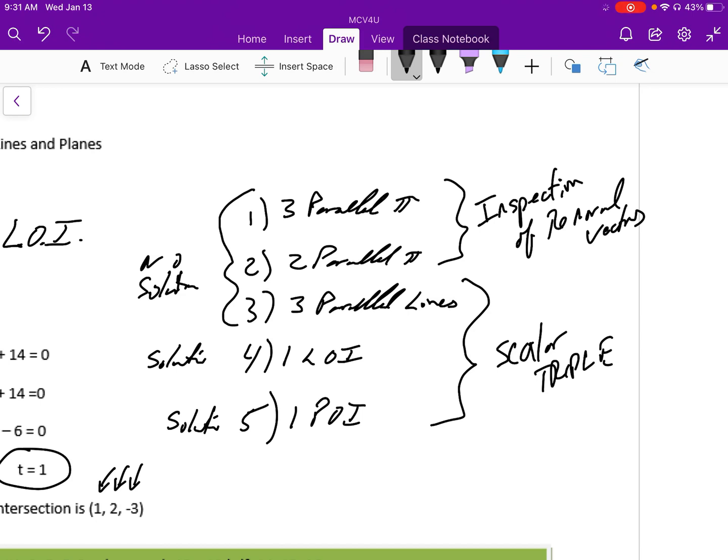If the scalar triple is 0, then you're either in case 3 or case 4. How do you distinguish between case 3 and case 4? You find the scalar or the linear combination with the normals. It's either going to work with the d values or it's not going to work with the d values, right? Case 3, case 4. If the scalar triple is not 0, you have case 5. All right, one point of intersection you can solve.